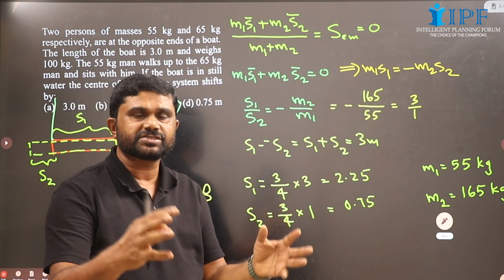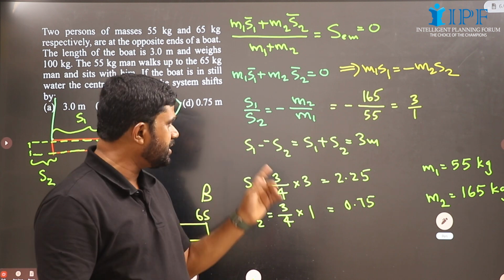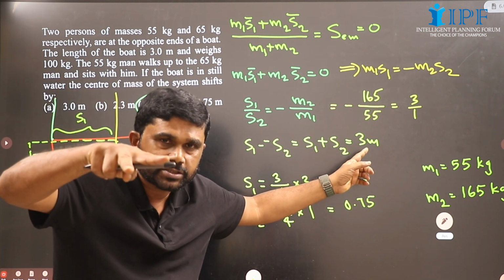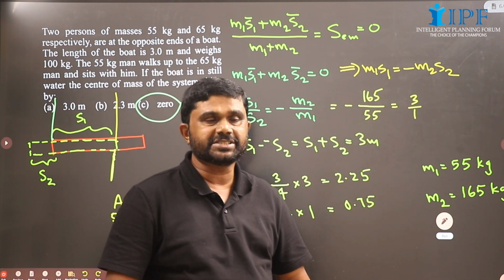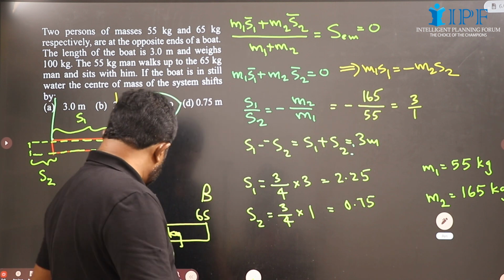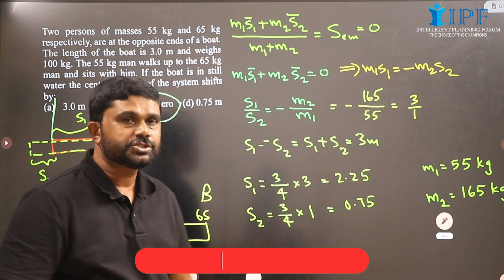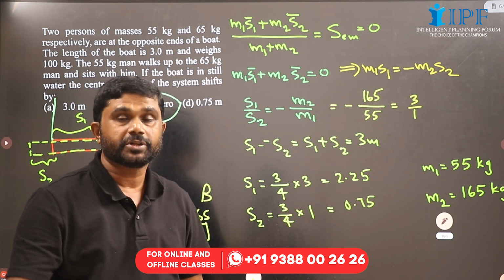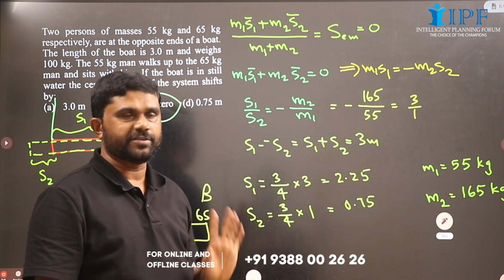So how do we get S1 and S2? We have to divide the total displacement S1 plus S2, 3 meter, into two parts in the ratio 3:1. Means this 3 meter, the complete displacement, is to be divided into 3 plus 1, 4 equal parts, so that each part will be 3 by 4.